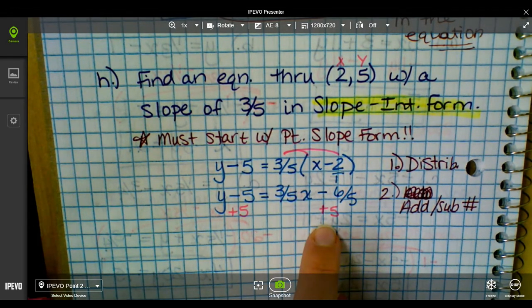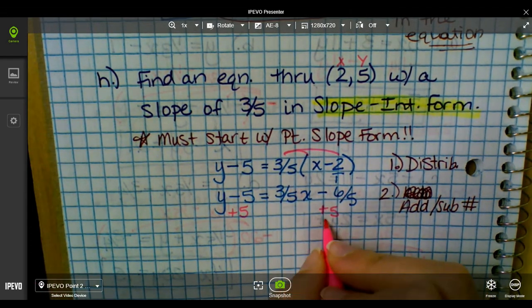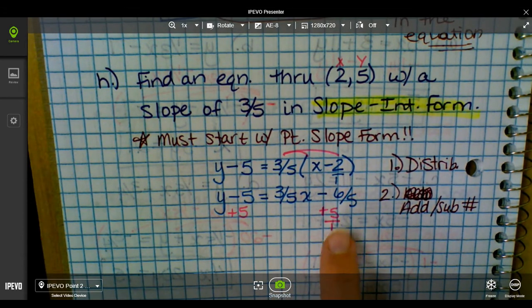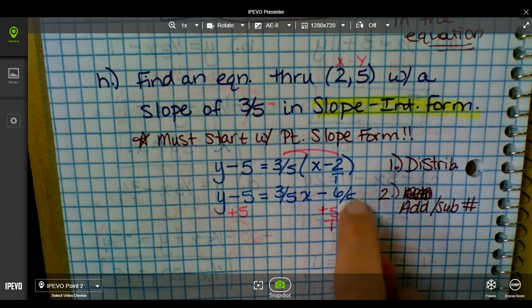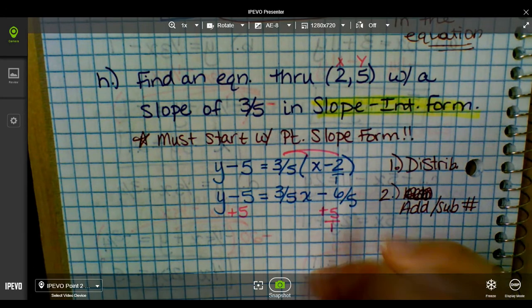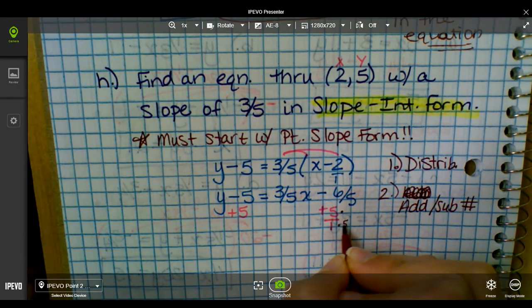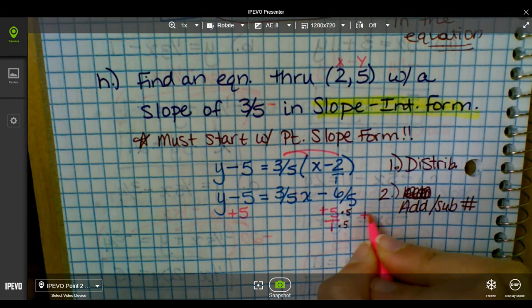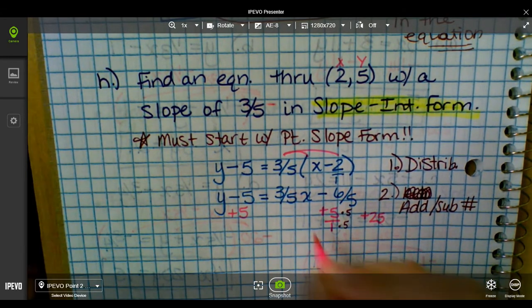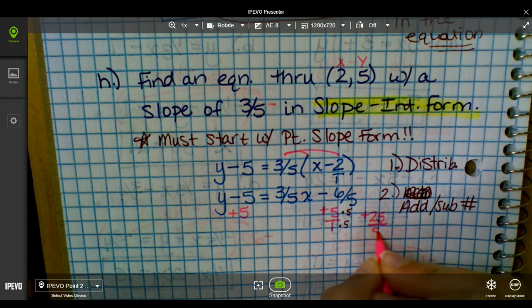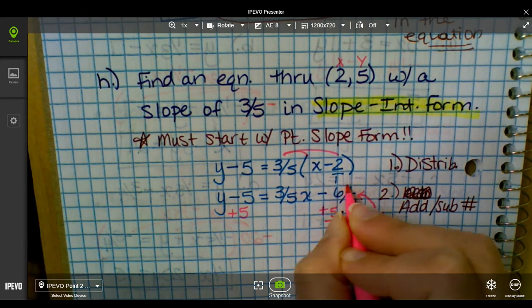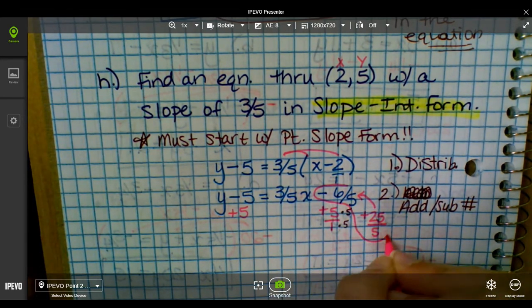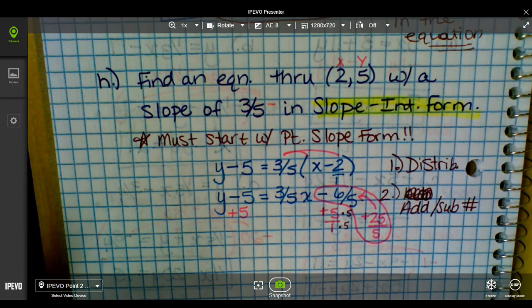I'm adding a whole number to a fraction. That means I have to get it into common denominators. So I'm adding 5 over 1. I want a common denominator of 5. So I'm going to multiply these guys by 5. What I'm really adding is 25 over 5, and I'm adding that to this. I'm just going to circle those just to make sure you guys can see that.